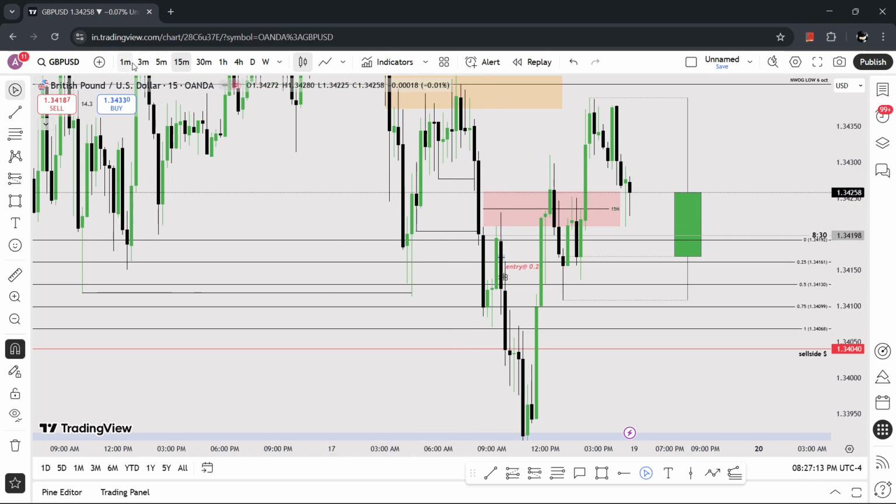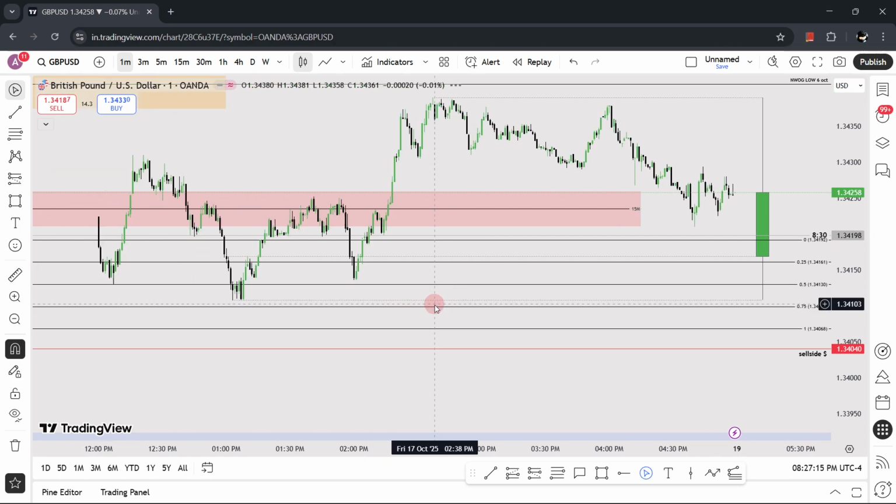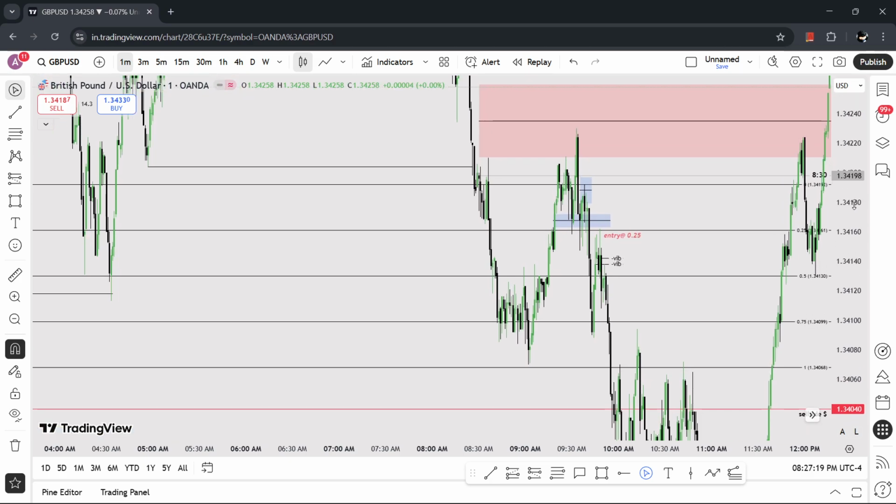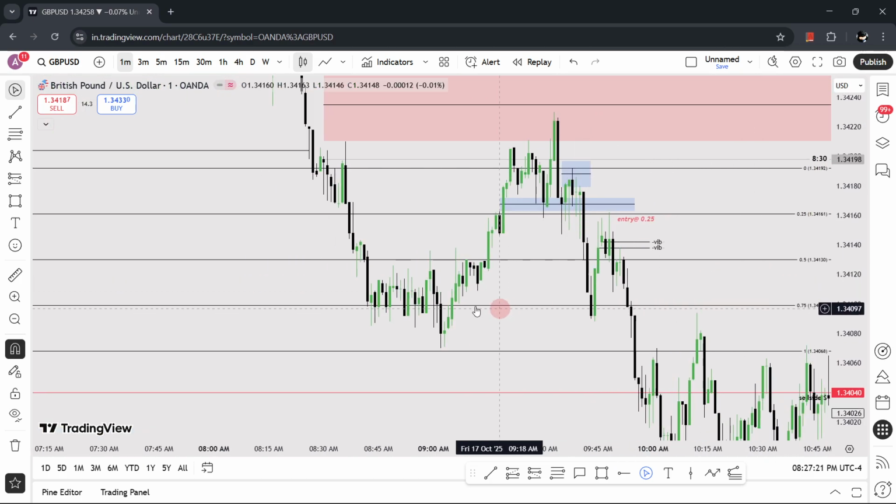Okay, so going to the 1 minute chart, you can see that the price was all respecting the lower quadrant of that week.